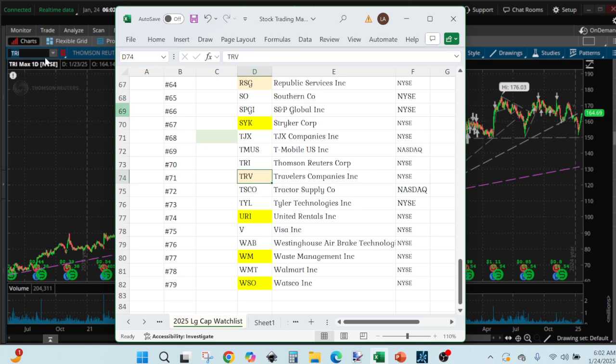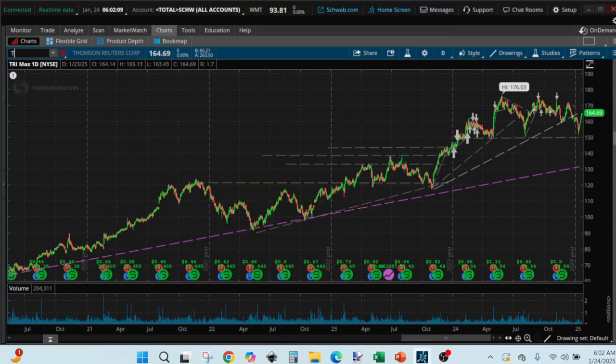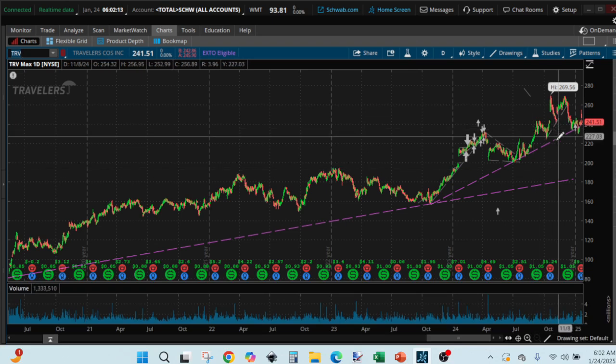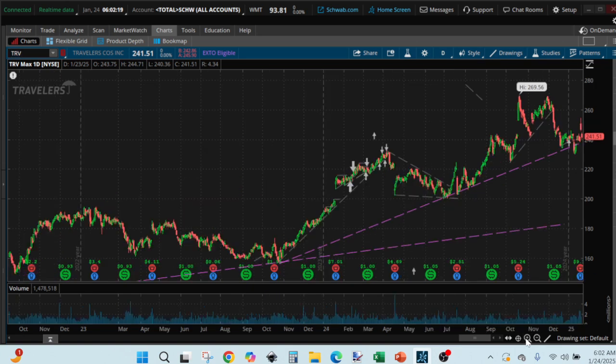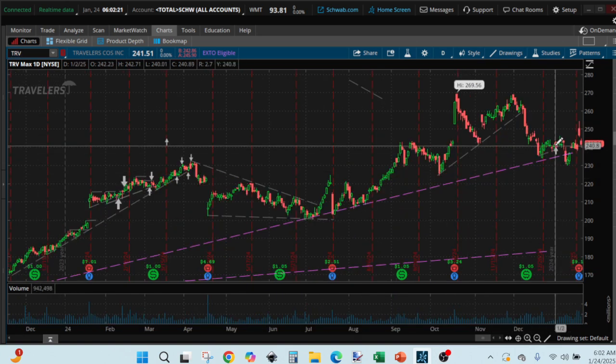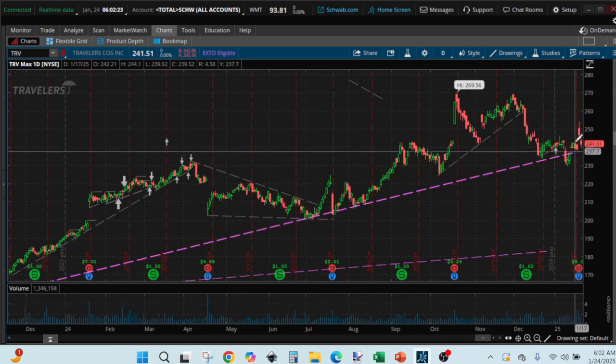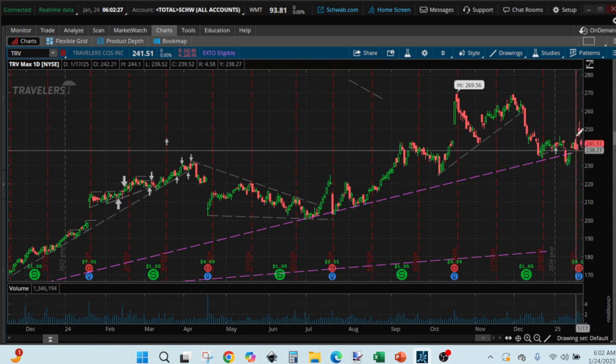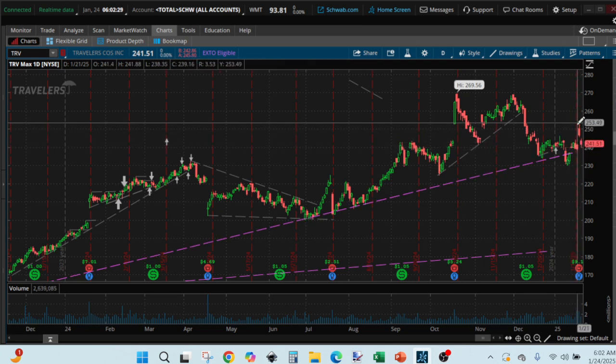And TRV, we purchased it this year, and it is still in our portfolio. We purchased it at this trend line, and then it pulled back a little bit and started going up also, but is making red bars, which are pullbacks.